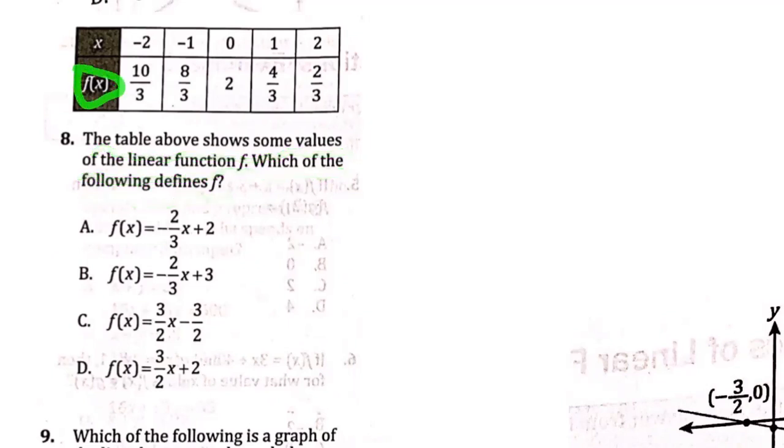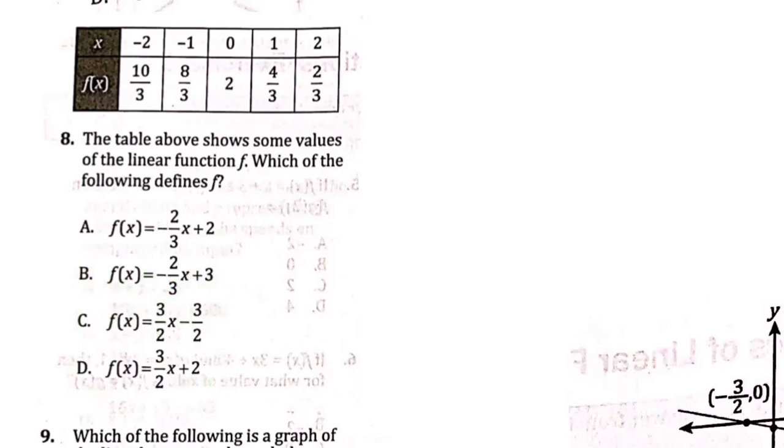We know that when x equals 0, y equals 2. So that means that my y-intercept is going to be plus 2. So we have plus 2 here and a plus 2 here. That means we could cancel out these two right here. So then we're left with A and we're left with D.